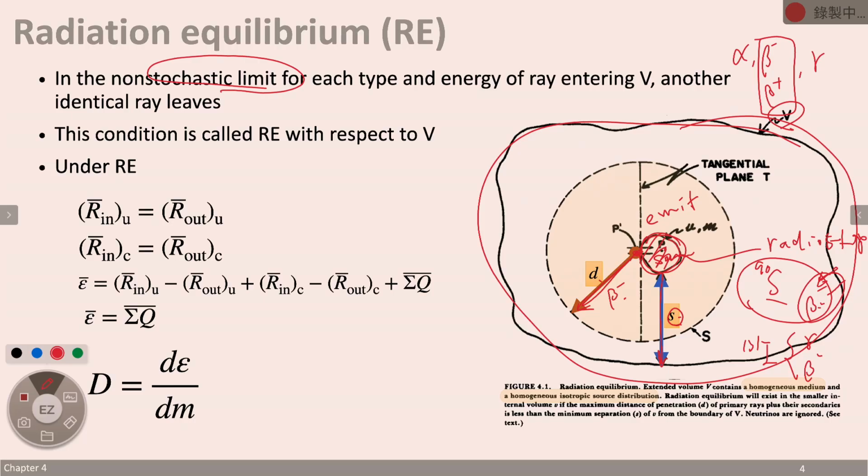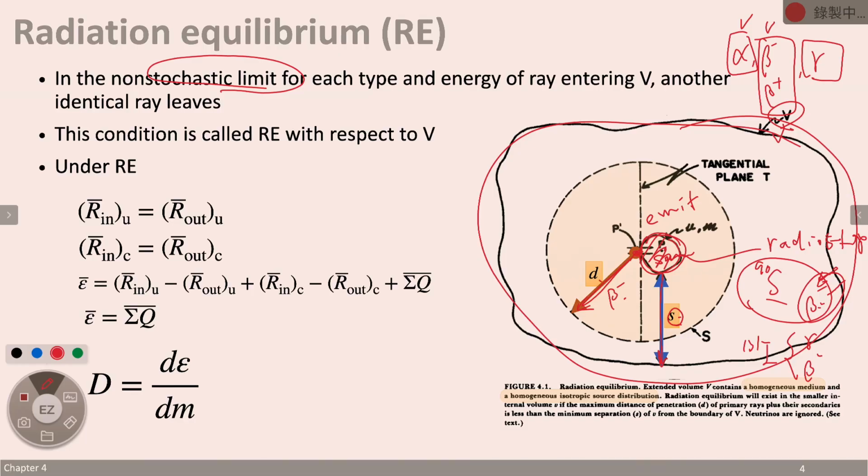For this one, we check the RE. I give you an answer: charged particle equilibrium could exist, but radiation equilibrium is not necessary.